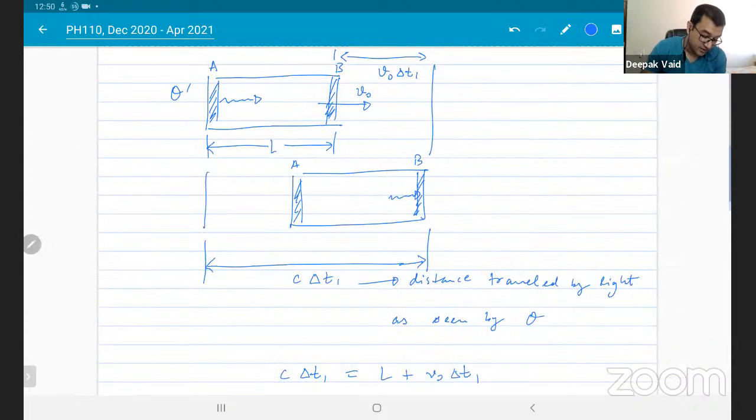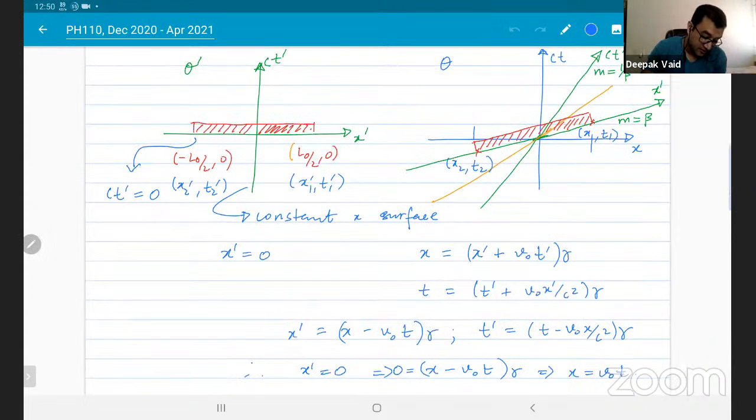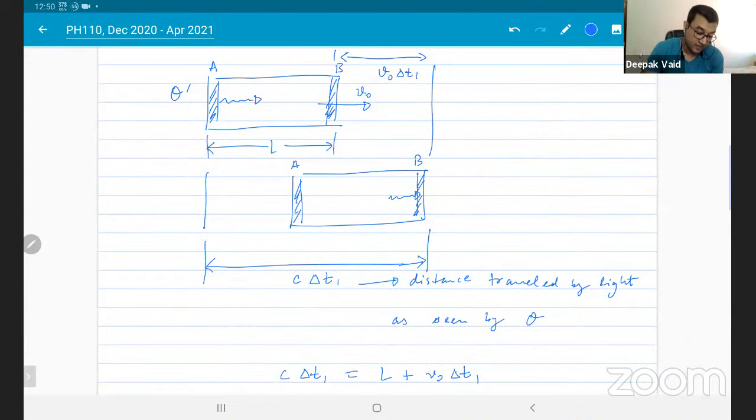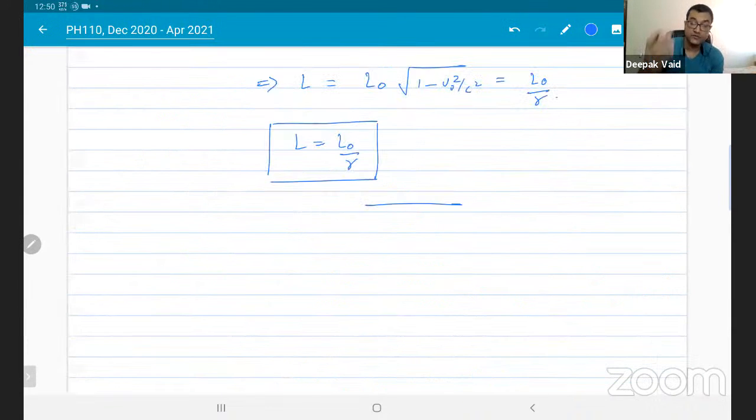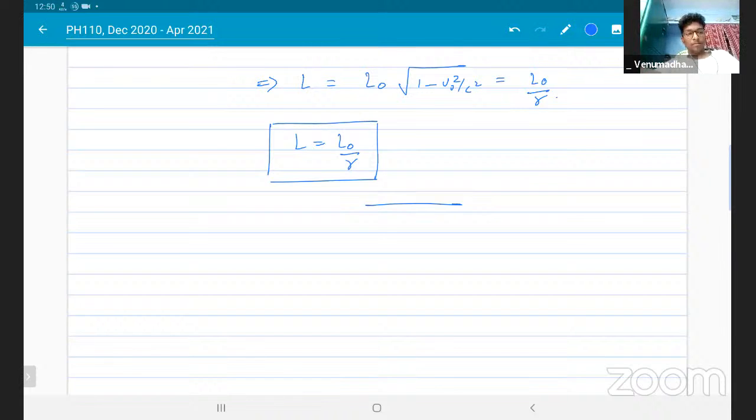And by the way, if O sees this length contracted by a factor of 1 by gamma, then if I take the same rod and give it to O, and then O prime looks at it, O prime will see the other rod contracted, again by the relativity of motion.